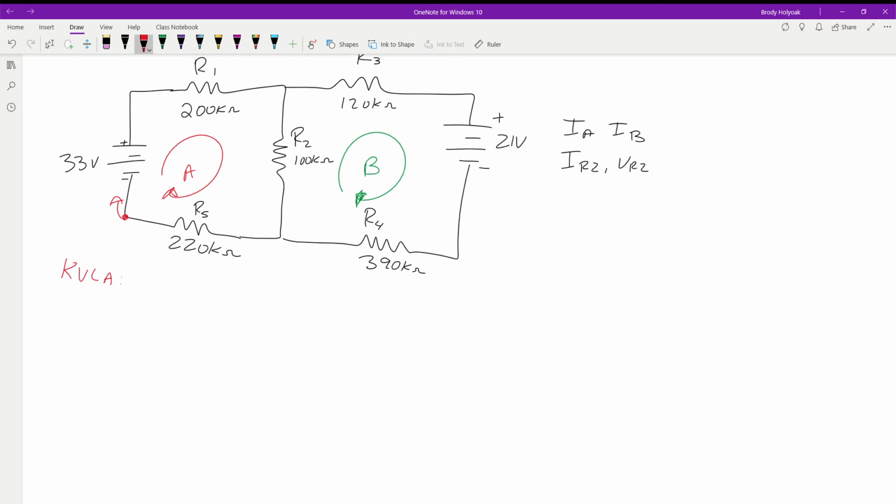So we have minus 33 plus R1 times IA, which is the only current through R1, plus R2 IA minus R2 IB, because we have this current coming in and current B opposing it, and then plus R5 times IA, and we set this equal to 0.